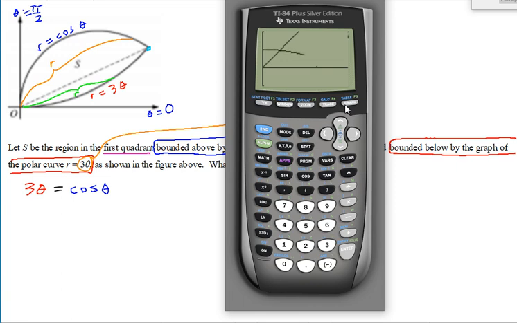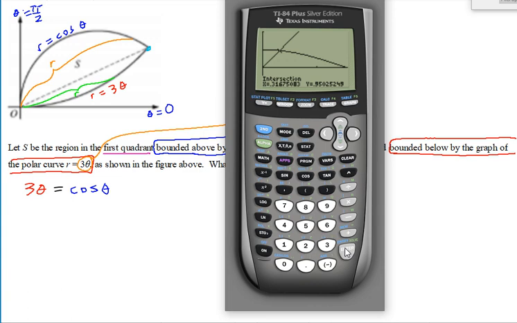So you can see on this interval there's one place where they intersect right there, so that's what we need to find. So second calc, number 5 intersect. First curve, y1 enter, second curve, y2 enter, and yes, you can move it over here, but really there's only one point of intersection on this interval, so you don't have to move it that close to it. And you get 0.317.